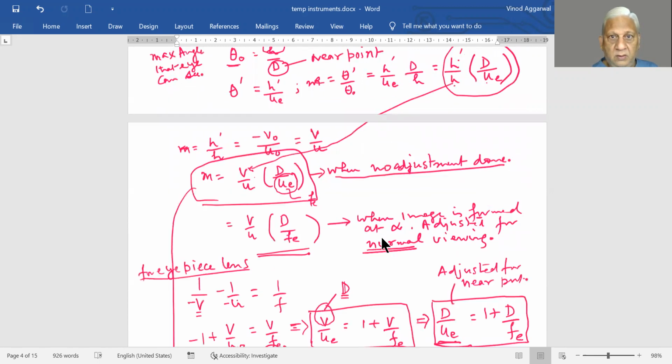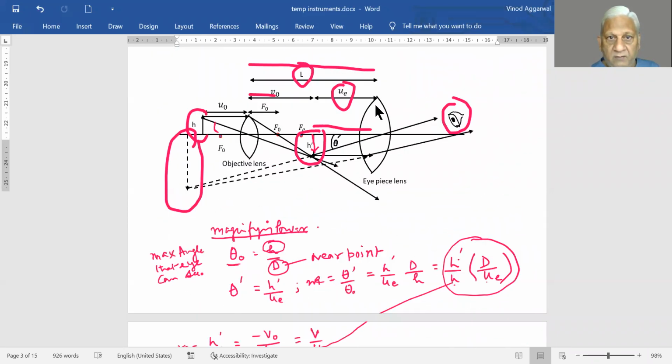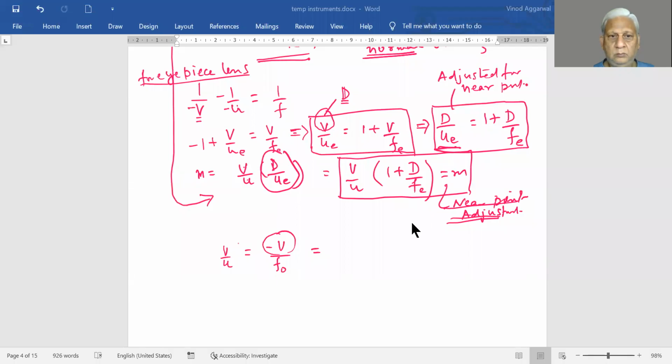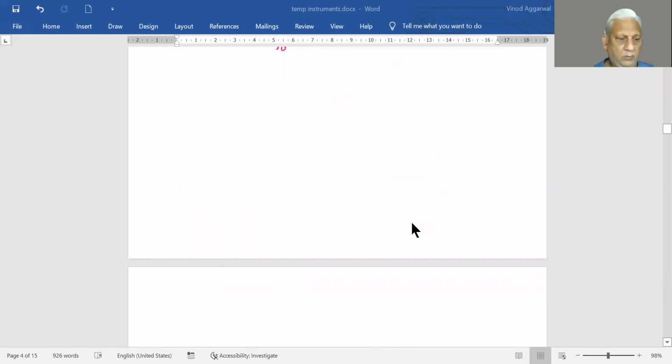The image of the eyepiece is very close to its focal point, so we can approximate V. Let's apply the lens formula to the objective.